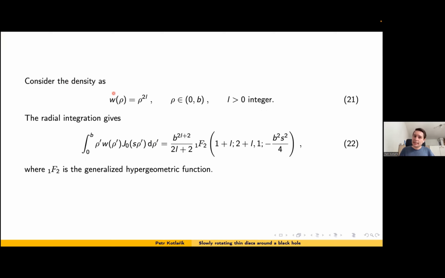So the elementary density terms we are considering are in this way. So it is just an even power in the radial coordinate. And this kind of elementary disk starts at 0 and goes to some finite radius b. And if you perform the integration, you can ask, for example, Mathematica, and Mathematica will tell you that this is in fact just a generalized hypergeometric function with some arguments.